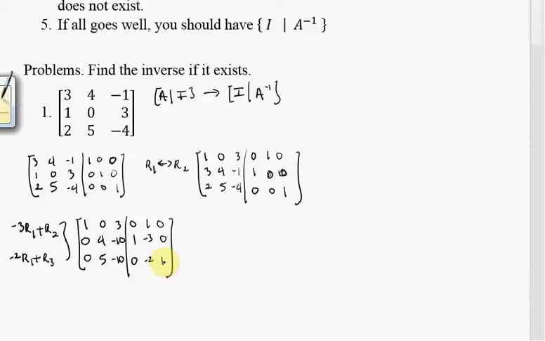So the next thing we want to do is to get a 1 at A22. Now, I'll try to save the fractions to the end if possible. Sometimes that's not the case, but if I can hold off on the fractions till close to the end, by all means, let's try that.